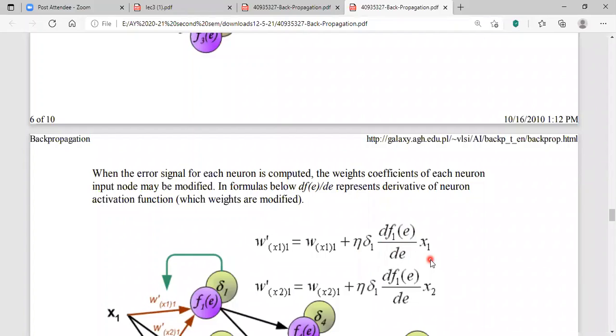Earlier in the Hebbian learning rule, we used W old plus eta into x1. The sum of all the products with x1 we considered, but here you are considering the derivative of the neuron activation function.